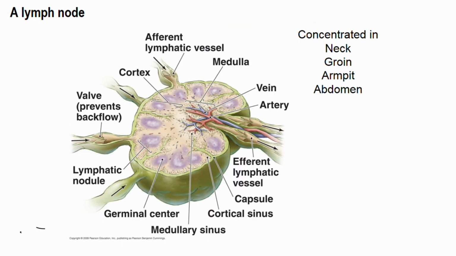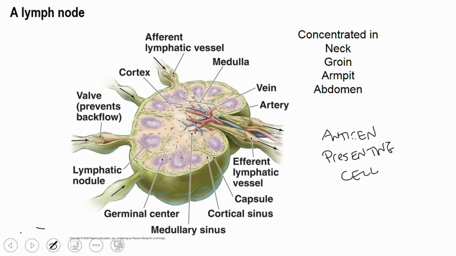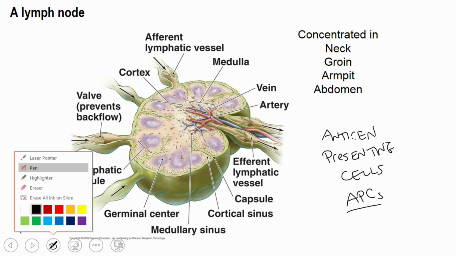So what we have here is a lymph node, and inside these lymph nodes are, for example, antigen-presenting cells. You'll see me refer to these as APCs, so go ahead and get that in your lexicon right now.